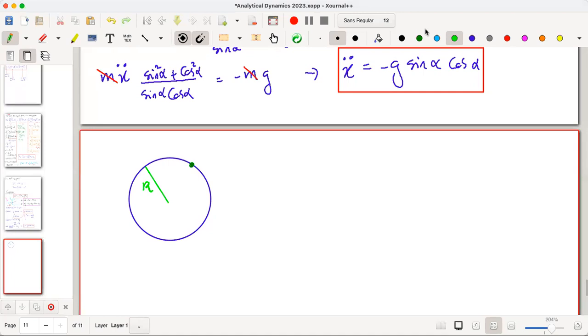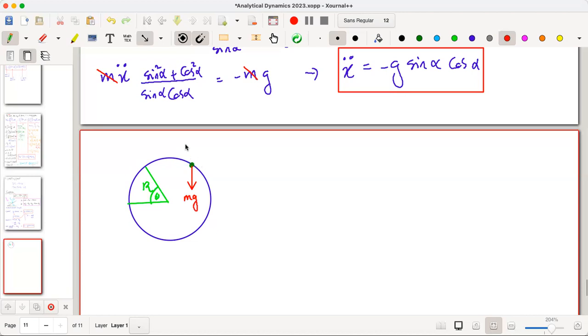And of course it has theta, right? Now the bead, since it has mass, has mg. And this is the constraint, right?